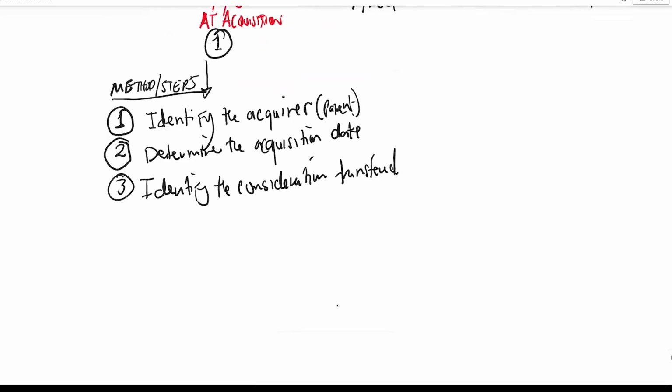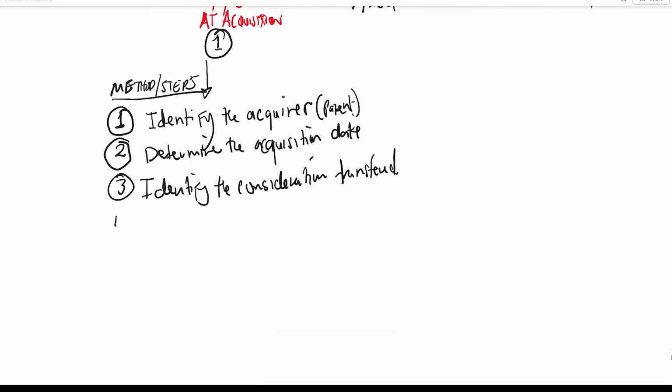It's possible to pay cash or to pay with assets or even to pay with other shares. Usually when they're testing it, they'll test it with items, like your PPE items, such as machinery, land, or cash. So I can pay with items, I can also pay with cash. So we need to identify what was the consideration that was transferred.